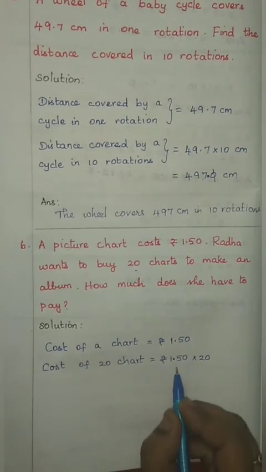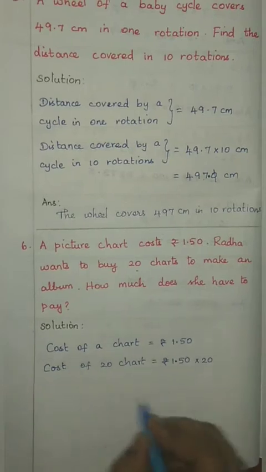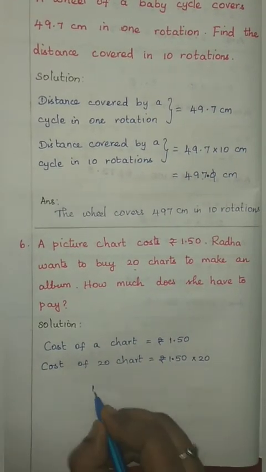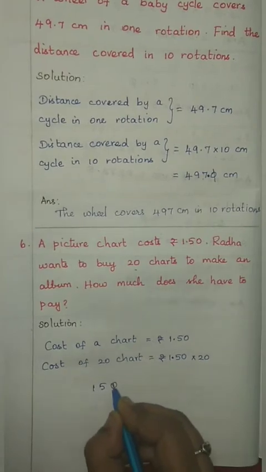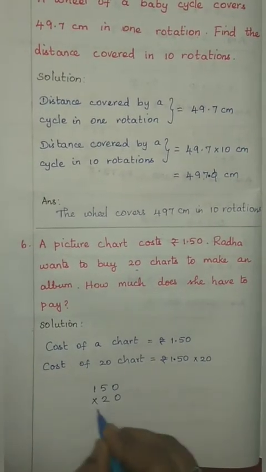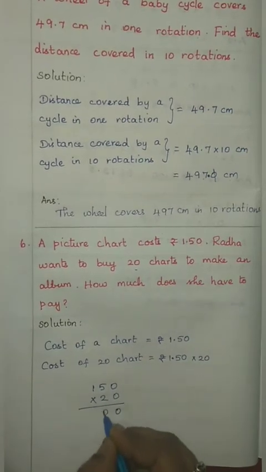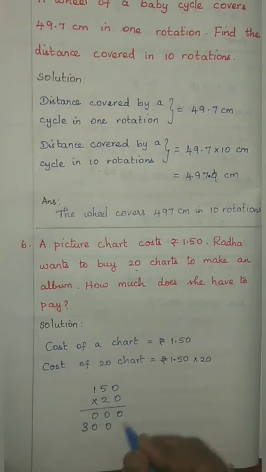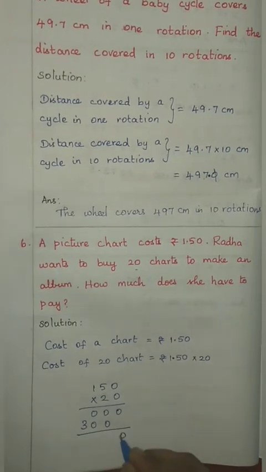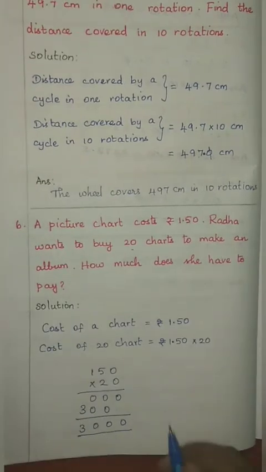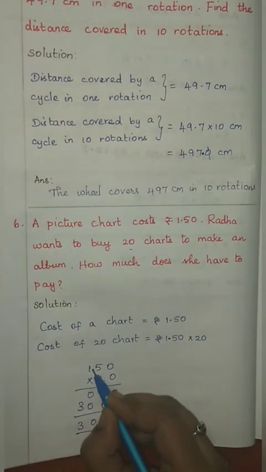So to multiply, first forget about the decimal point, write the decimal number without the decimal point. So 150. Then multiply by 20. Now place the decimal point.